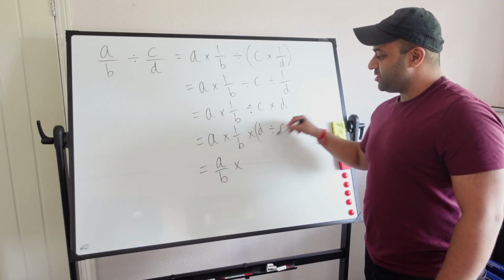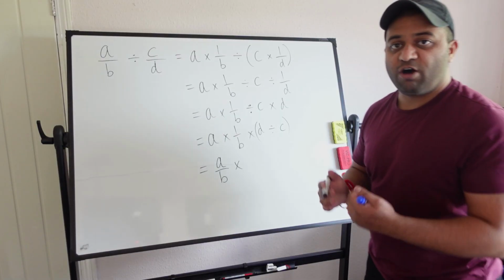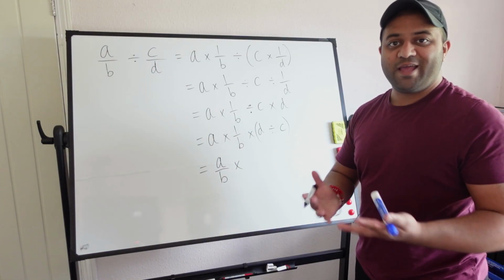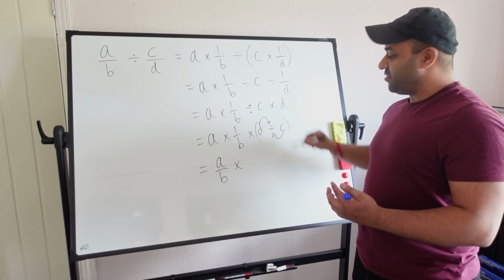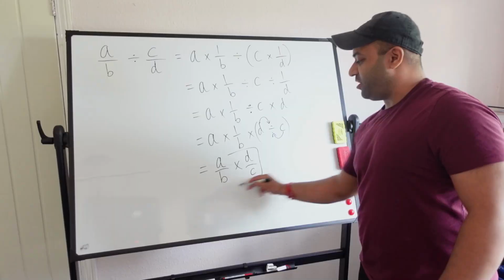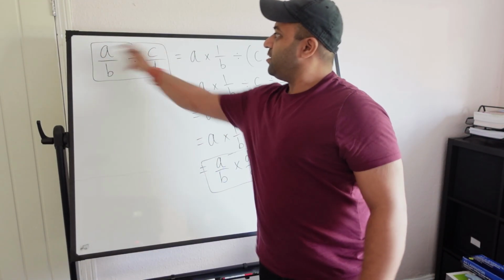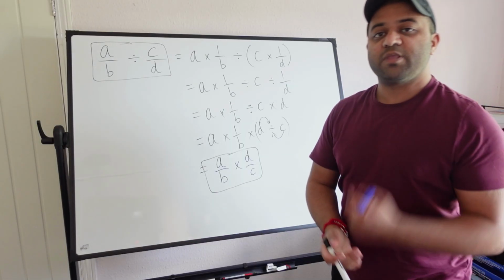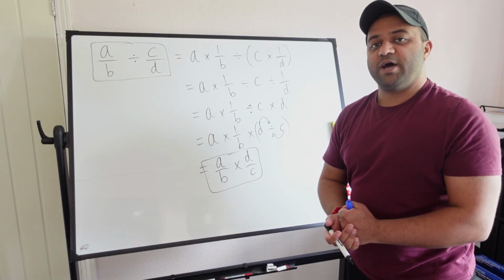Now this d divided by c, we'll use our definition of the division symbol. Remember, it's a blank fraction. We can put the d on the top and the c on the bottom. And there we have it. A over b divided by c over d is equivalent to a over b multiplied by d over c.